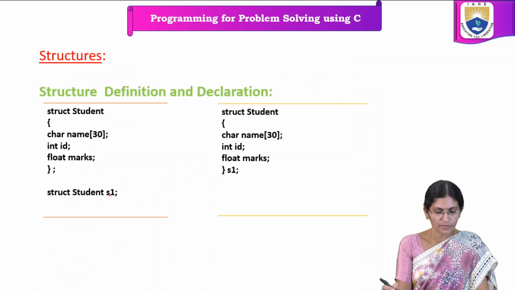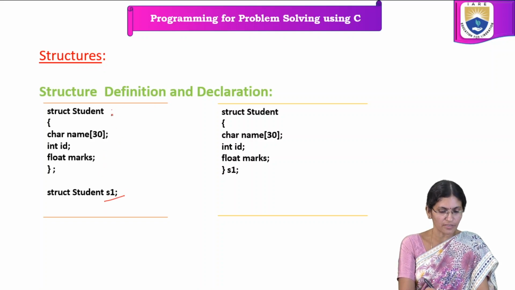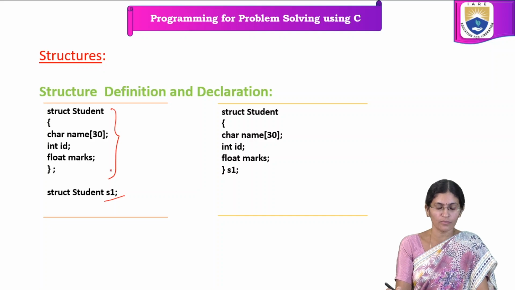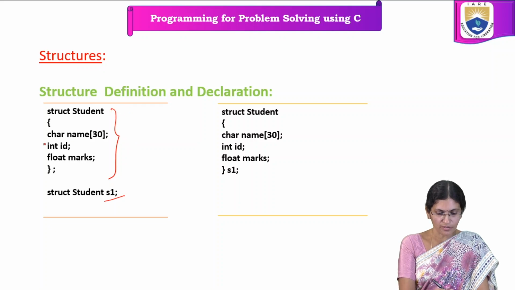Next, another way of structure variable declaration is in this way. So structure definition we have seen. We can define the structure globally or locally. Then this is the structure definition, this part.